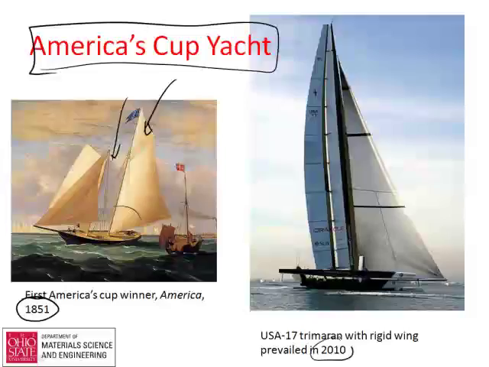Fast forward to modern times. If you're racing in the America's Cup right now, number one, you need a really big budget. Second thing you need is some really high-tech materials. Again, this is largely graphite and carbon plus epoxy.